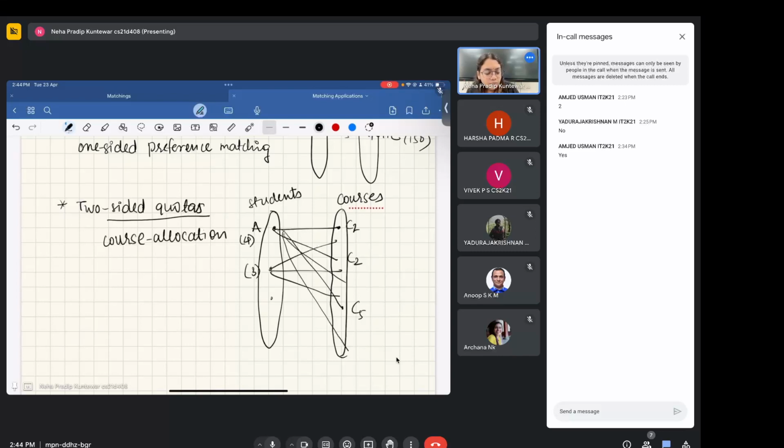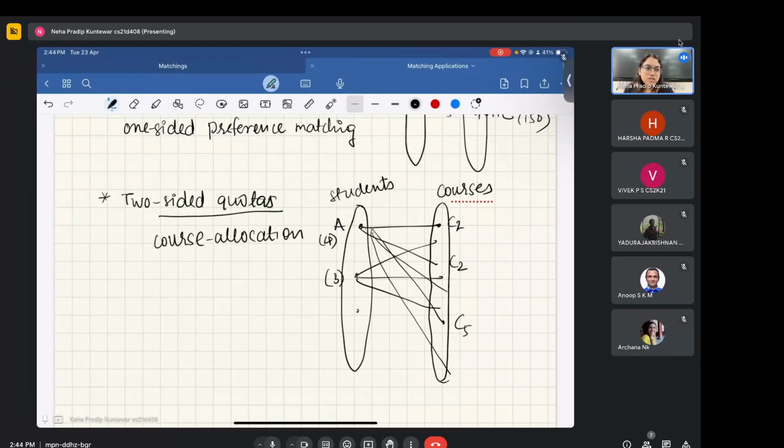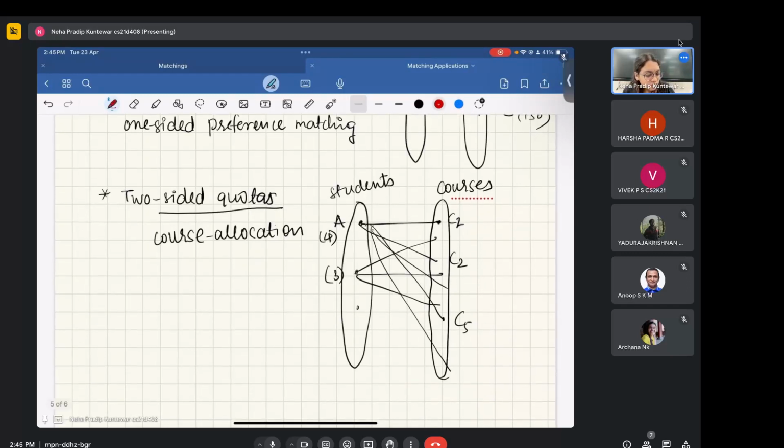But at the same time, a course cannot accommodate any number of students. There may be 100 students that are willing to take course C2, but the course cannot handle that many students. So they also have some quota. This course can only allow 30 students. Let's say C5 can only allow 42 students, and so on. So in this case, students have a quota that they want to do these many courses, and the courses also have a quota that they can only take these many students.